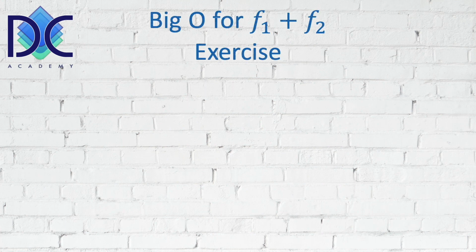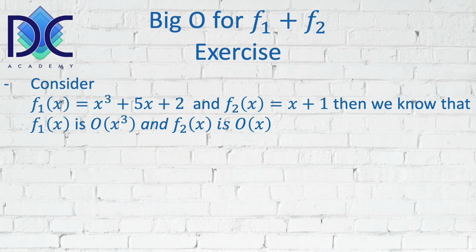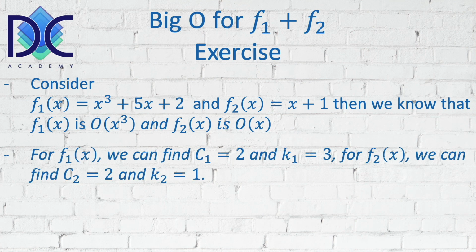Let's have a look at a small exercise. We have f1 of x equal to x to the third plus 5x plus 2, and f2 of x equal to x plus 1. We know that f1 of x is big O of x to the third, and f2 of x is big O of x. For f1 we can find c1 equal to 2 and k1 equal to 3.